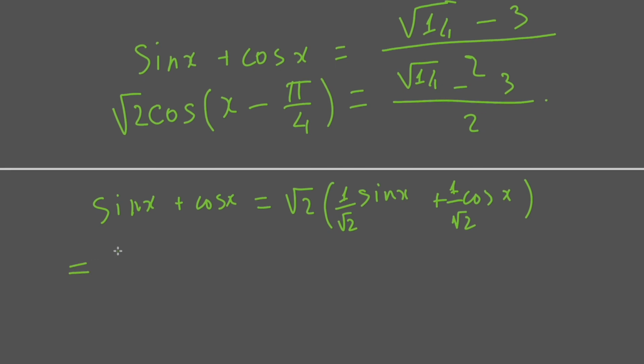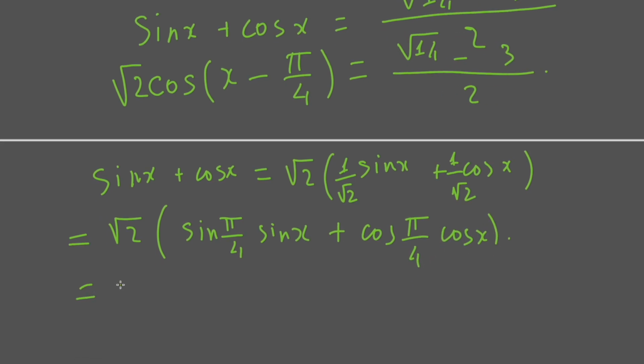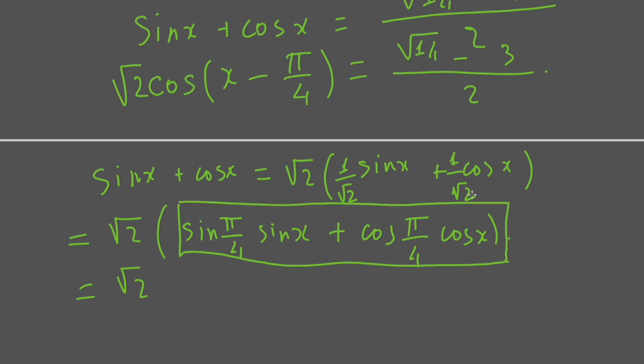Then it equals square root of 2 multiplied by sine pi over 4 sine x plus cosine pi over 4 cosine x. This is a very famous formula in trigonometry problems.